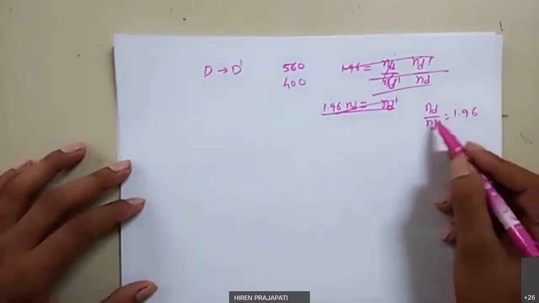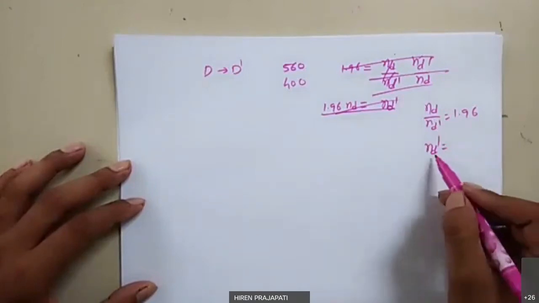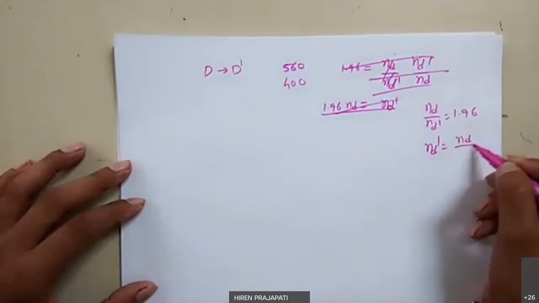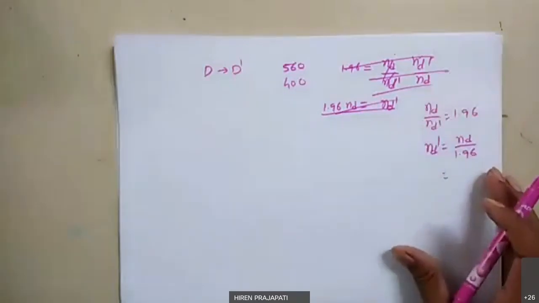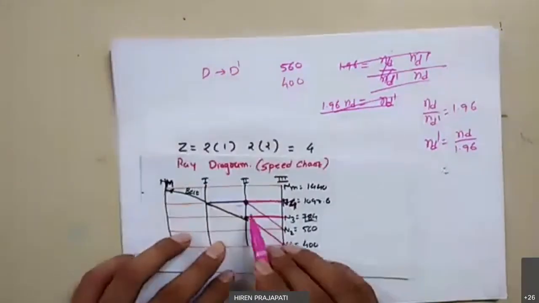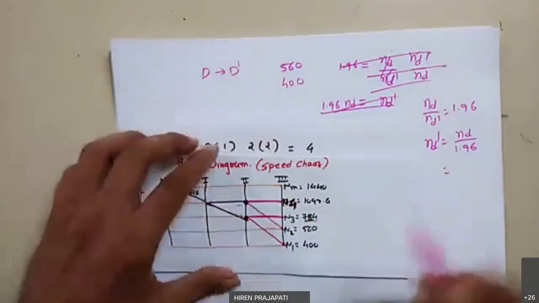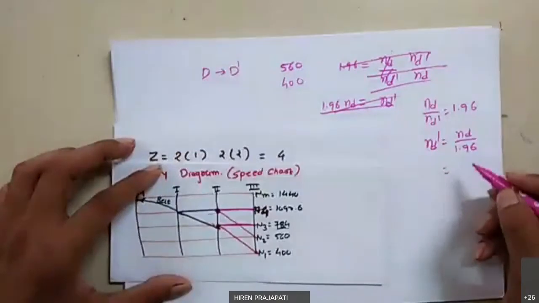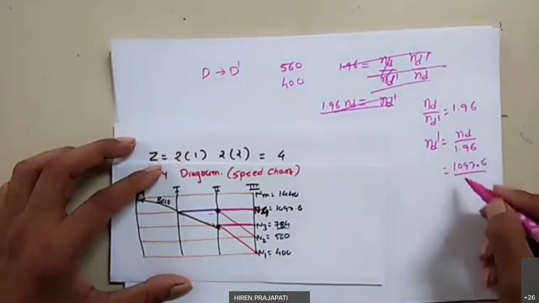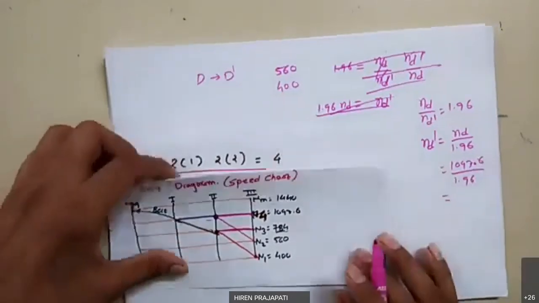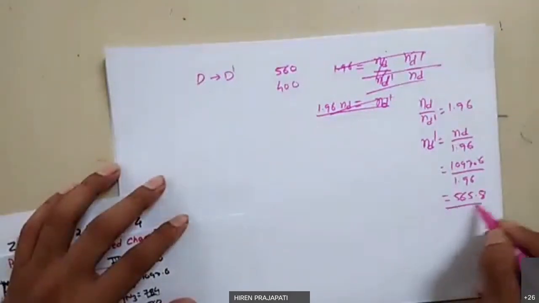Now nd dash is the output speed, on our output gear D dash. So that is nd divided by 1.96. Now nd, what is the input speed? Input speed is either 1097.6 or 784. For both, if you check, 1097.6 divided by 1.96, you get 565.8, right?